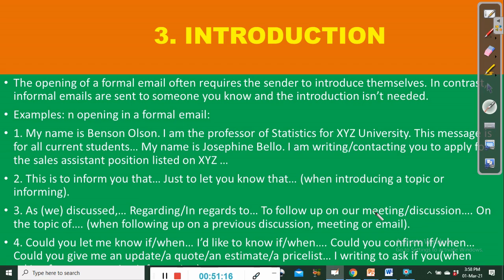It depends on the subject, the purpose, and also the context. I mean, whether it is a formal email or an informal email, and the purpose of that email.